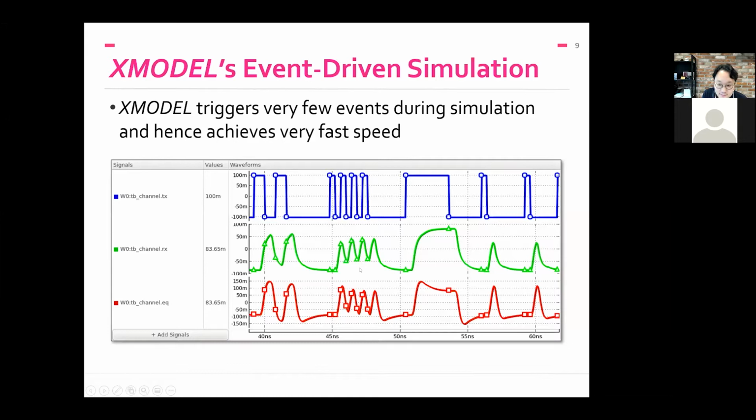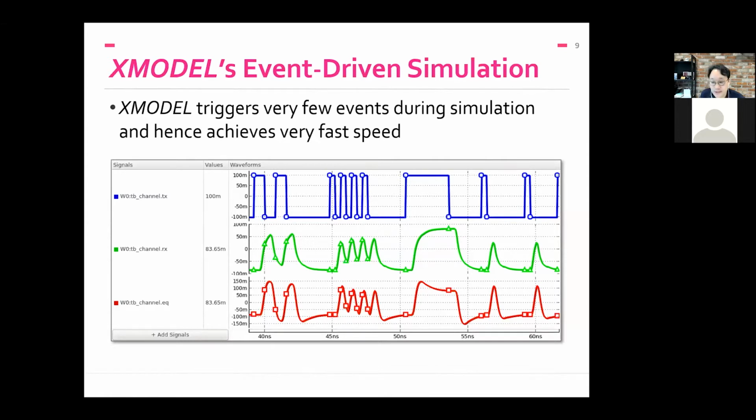So I'm using XWave to illustrate that we are really truly doing event-driven simulation. But X model can also generate more standard waveform formats, such as FSDB, which will translate this expression into a set of points and store that into a file.